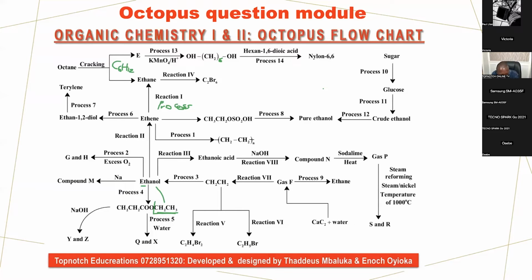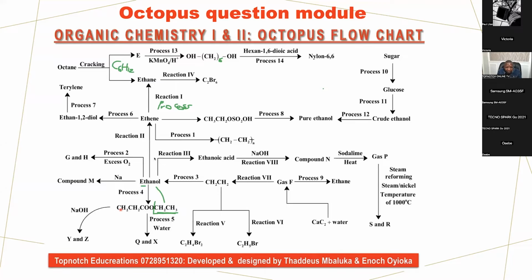Ethanol and propanoic acid, perfect. So an ester can also be hydrolyzed with sodium hydroxide instead of water, where we still get the corresponding alcohol and salt. But this one is not in the syllabus, so we leave it.